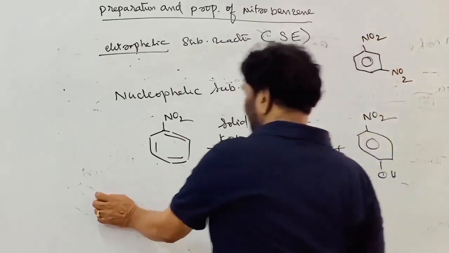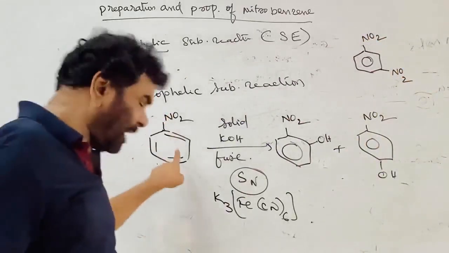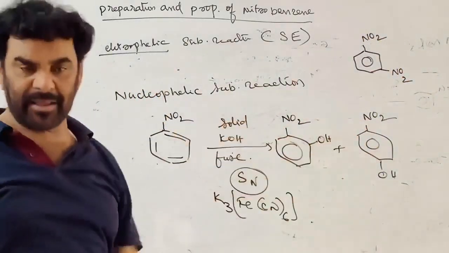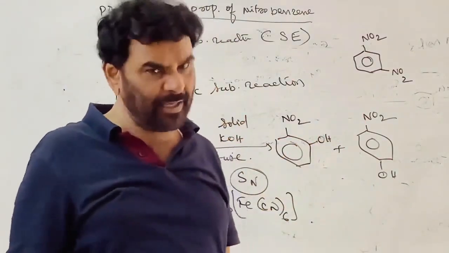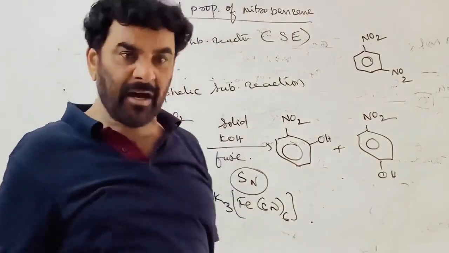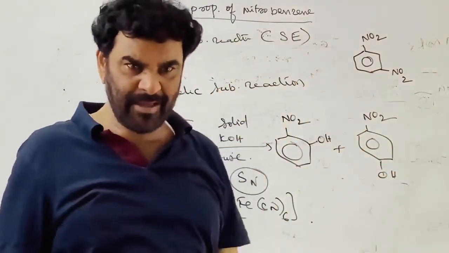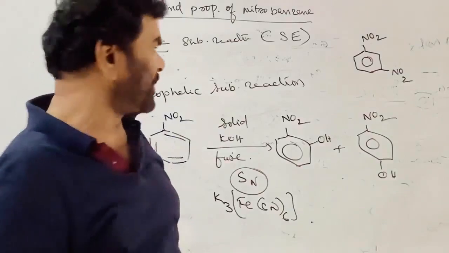The nitro group is deactivating for electrophilic substitution reactions and activating for nucleophilic substitution reactions, promoting them. Hence, it is called a ring deactivator for electrophilic substitution and a ring activator for nucleophilic substitution reactions.